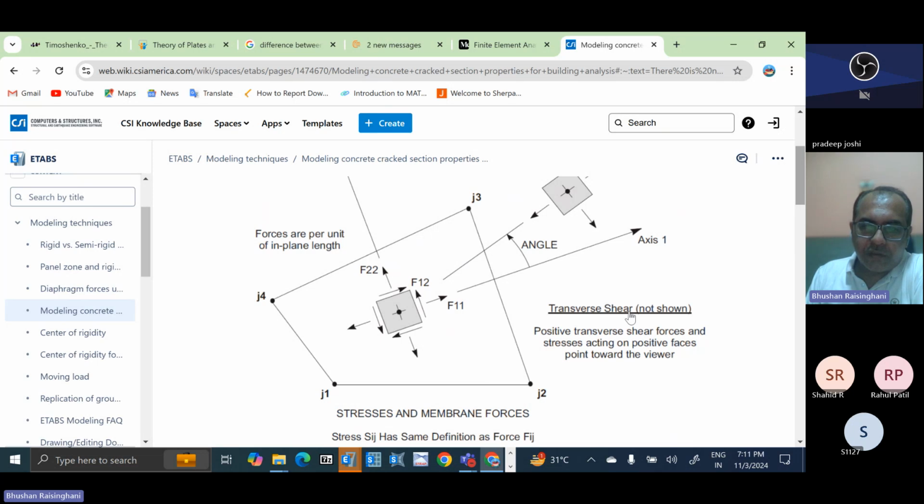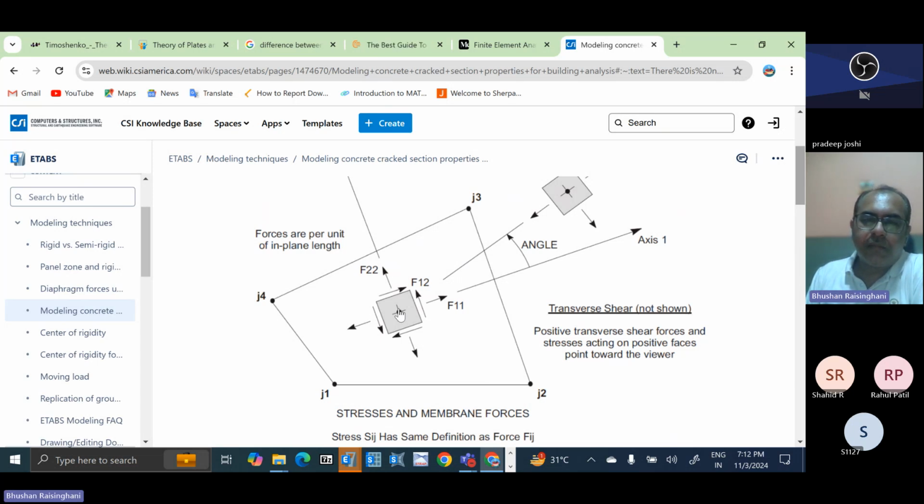Transverse shear is not shown. Positive transverse shear forces and stresses acting on positive faces point toward the viewer. What you can see as the dot are the transverse shear. Transverse shear will give out-of-plane bending action, whereas this is in-plane bending action.